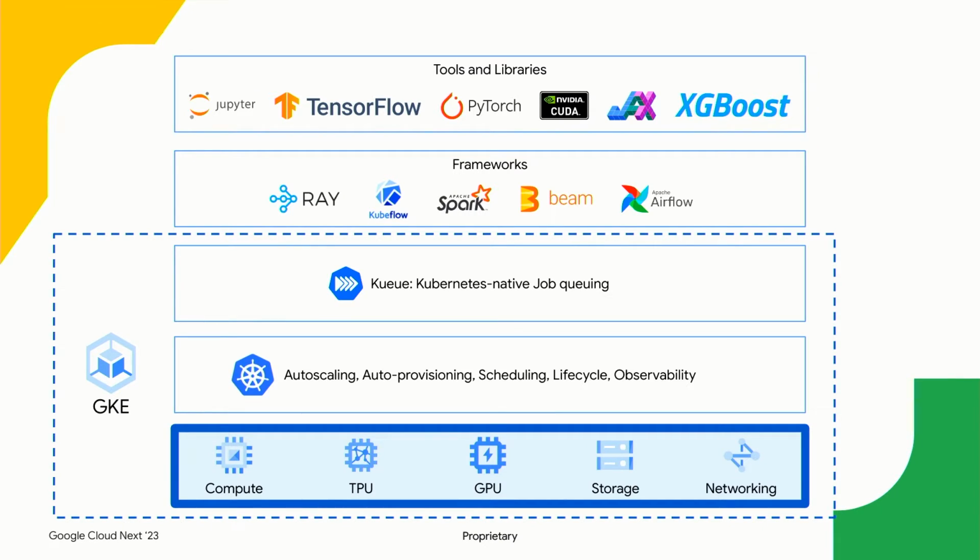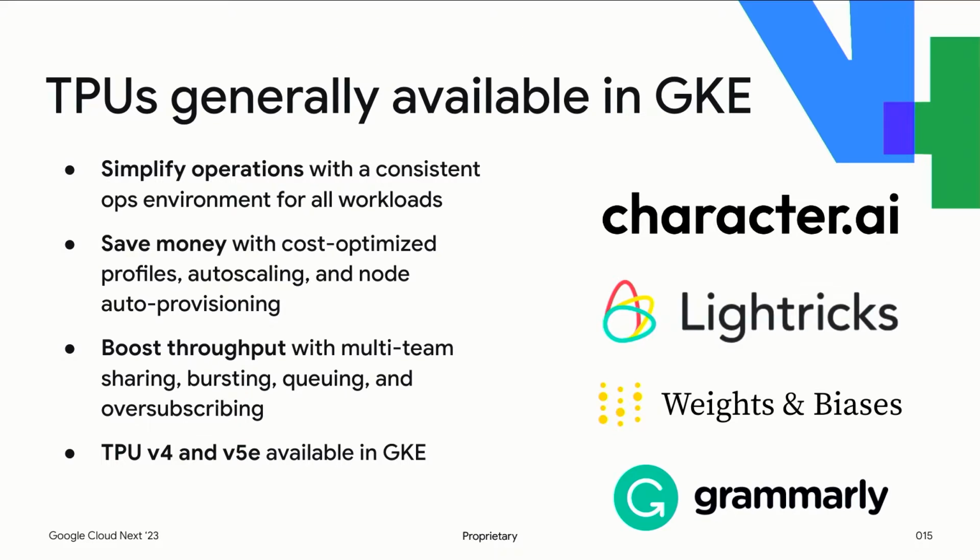So first, GKE provides diverse and industry-leading accelerated compute options. Now, most managed Kubernetes offerings support GPUs. But today, I am thrilled that we have announced that GKE is the first managed Kubernetes offering to support Tensor Processing Units. Google's custom-designed machine learning accelerators are now generally available in GKE.